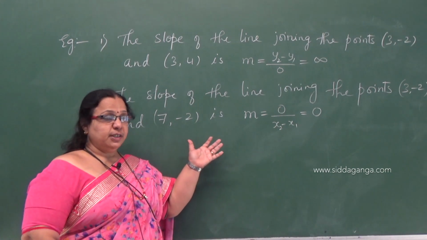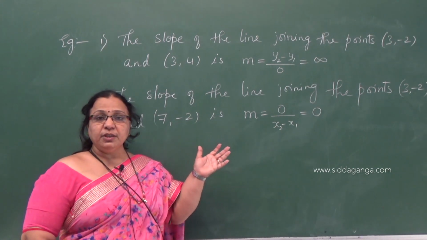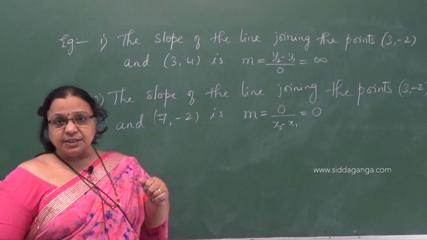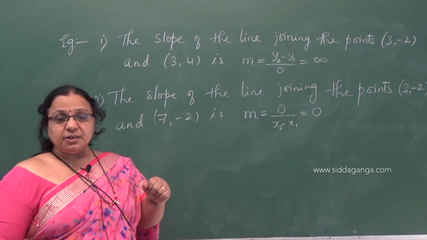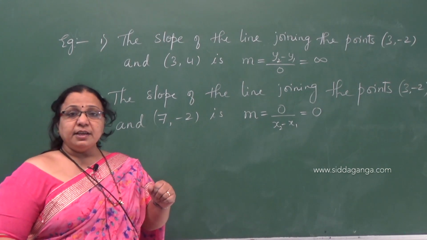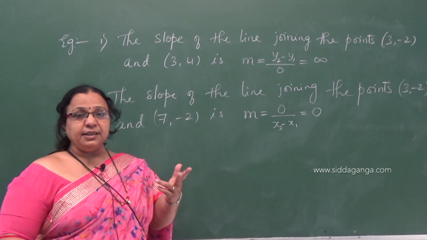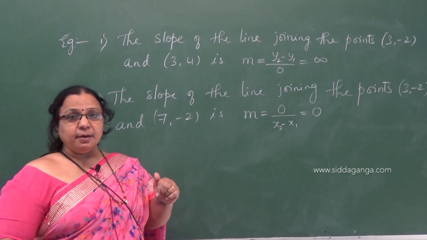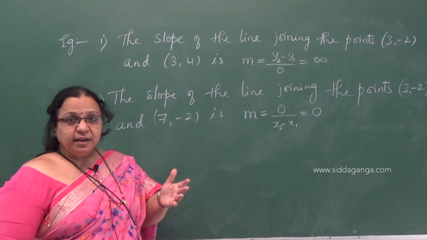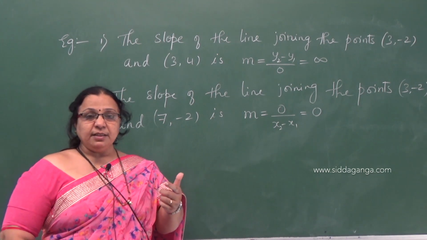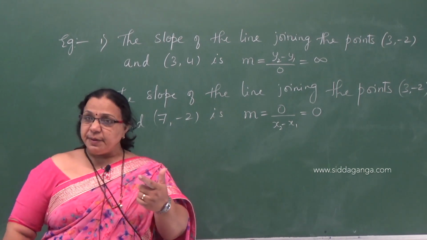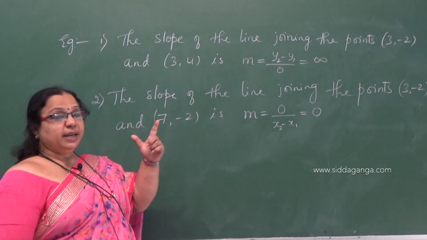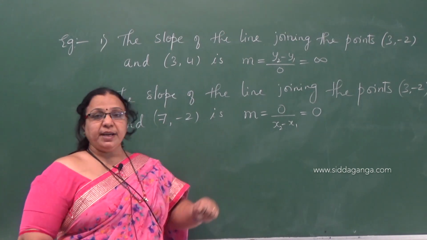So now this is about the slope of the straight line. Let us brush it once again. There are three methods to find the slope. In the first method, when the angle is given, we have to use the formula m equal to tan theta. In the second method, when the line joining two points is given, we have to use the formula y2 minus y1 divided by x2 minus x1.